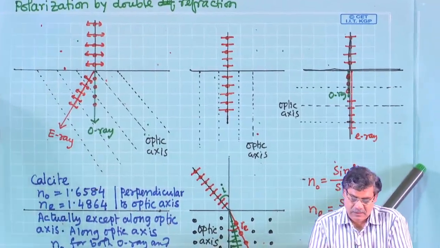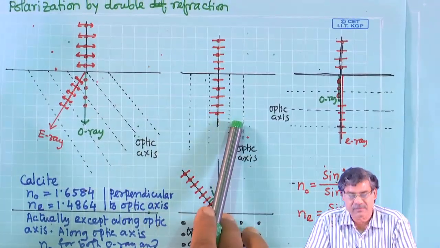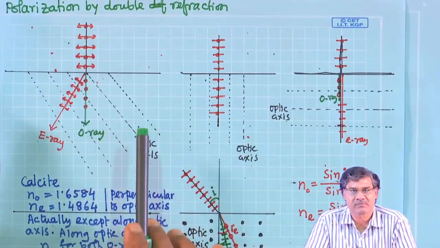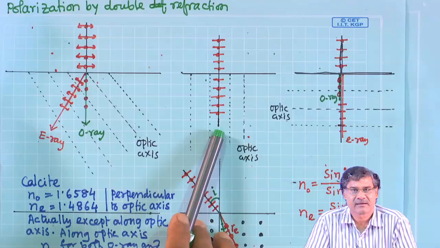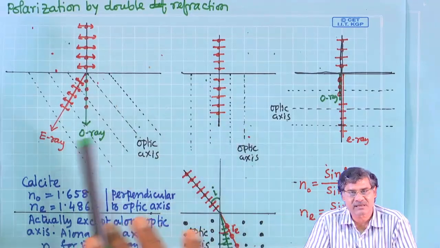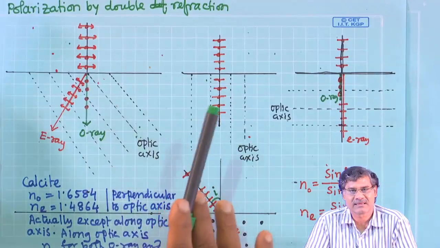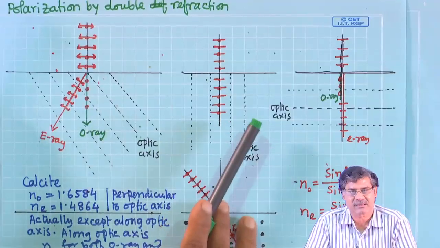Now, if you consider this situation, here I am trying to show you that double refraction depends on the direction of the optics axis, of course, and on how the crystal is cut and how the incident light is falling on it. So, it matters.